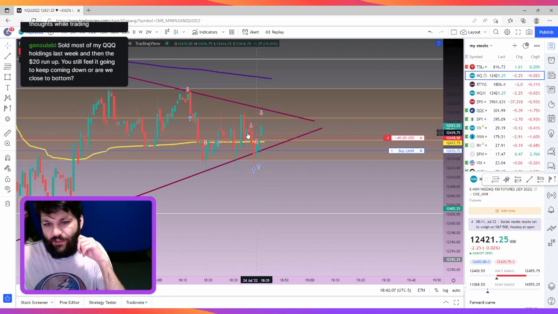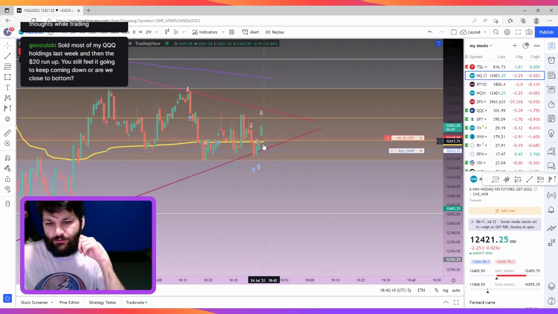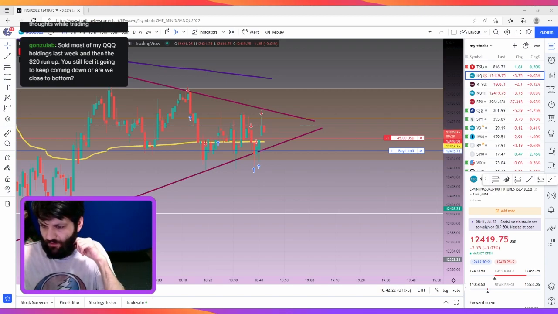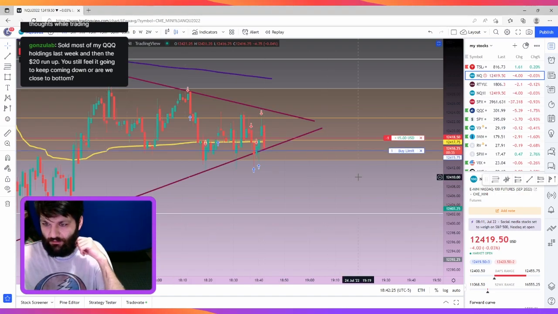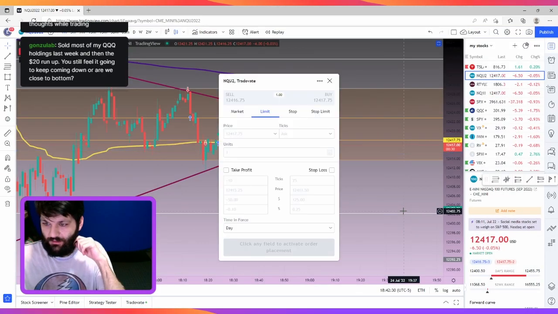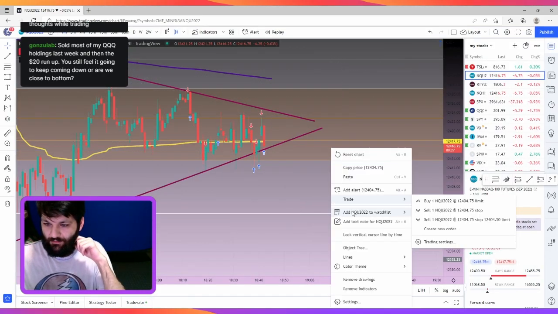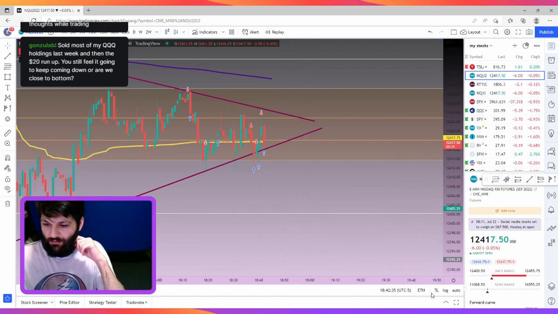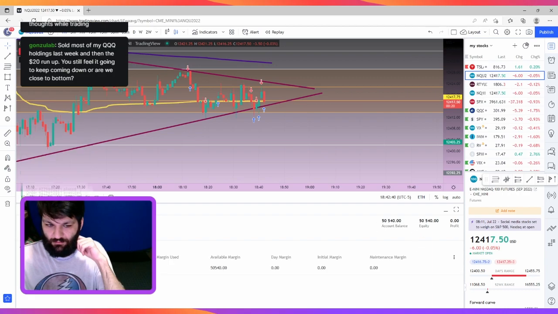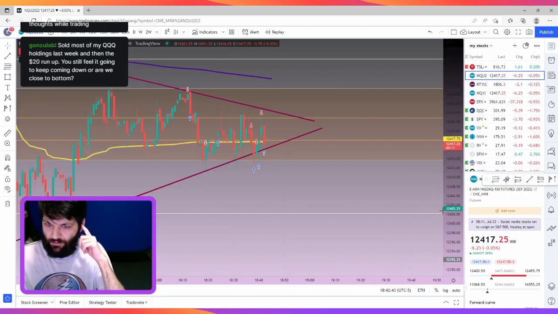Hoping this is a big red candle like this one was. Does anyone have any questions? I know there's only 3 of you guys, so I want to make sure y'all are good. Ooh-wee. I'll go ahead and accept that while I got it. Let's see. So, still down $33.